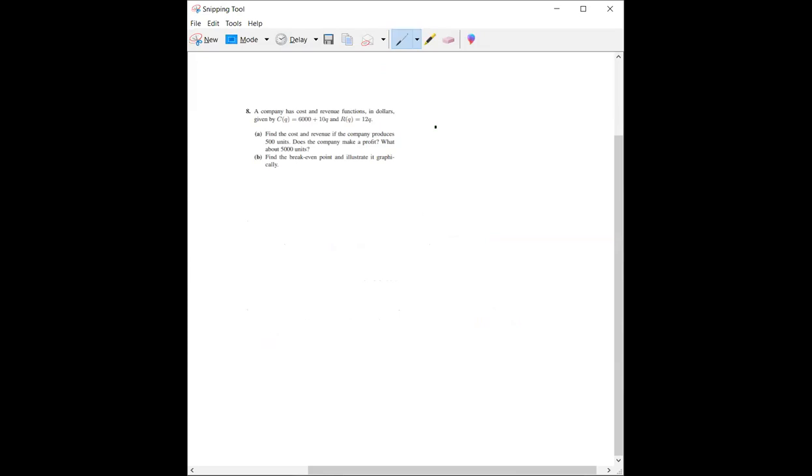So, how would I find the cost and revenue for 500 units? I would say that Q is 500. So we have C of 500 is equal to 6,000 plus 500 times 10, that's 5,000.